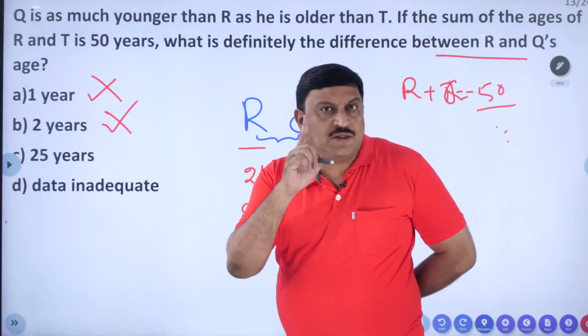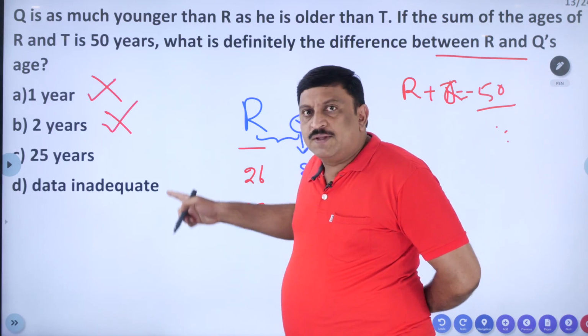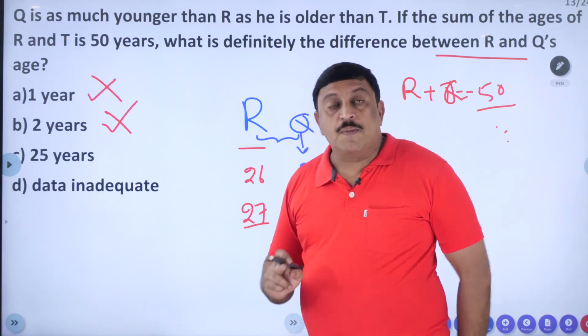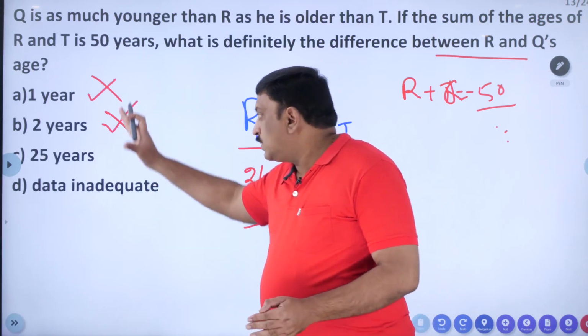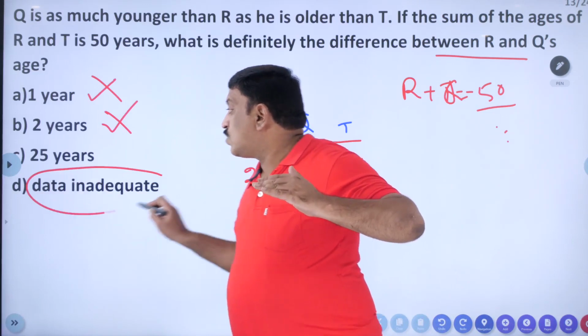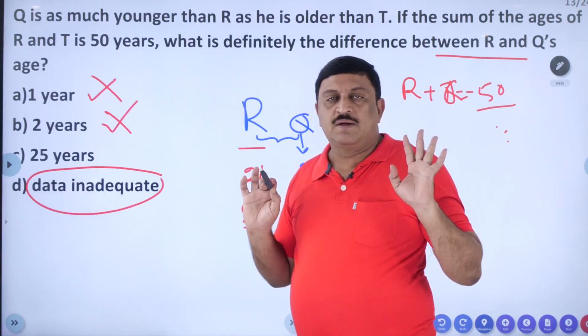The problem with option based is, if you try like this for these questions, you will get all answers are correct. So make sure that in the options, while you are doing that, data inadequate must not be there. Data inadequate must not be there.